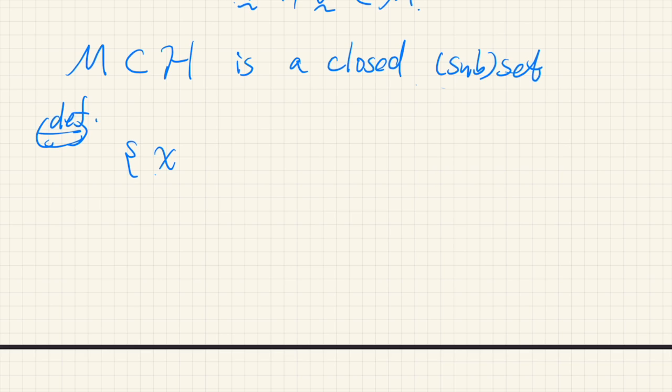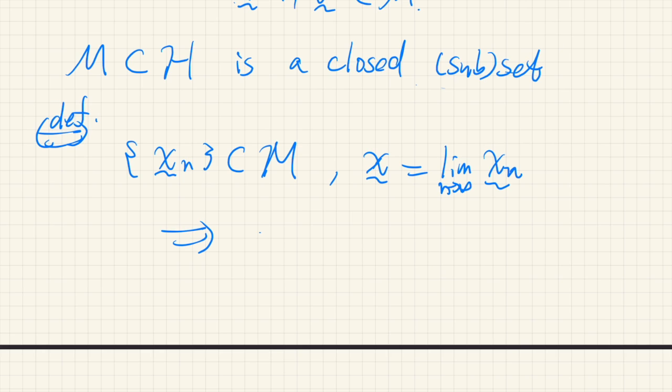For any sequence x_n in M, if it converges as n goes to infinity, then this implies the limit x belongs to M also. So if this holds, then we say the set is a closed subset. And if this subset happens to also be a subspace of H, then we say it's a closed subspace.